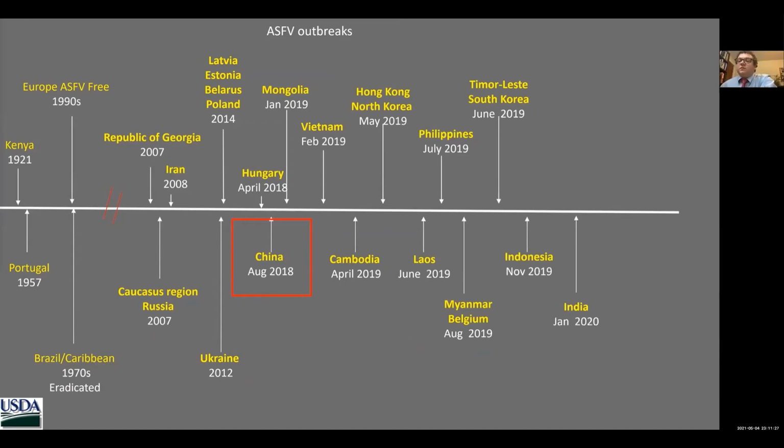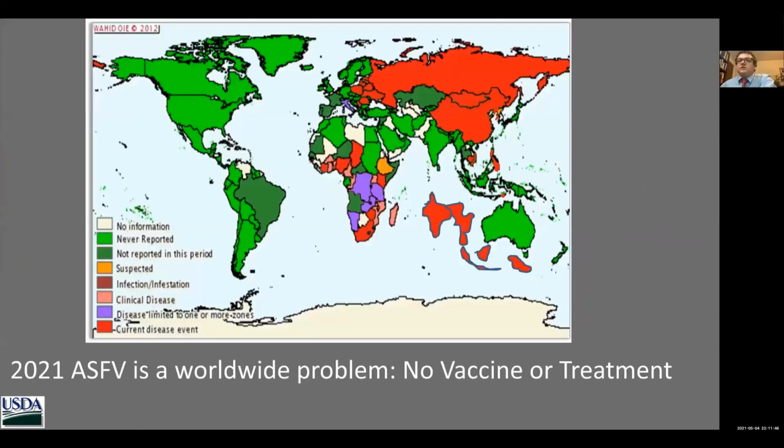Then in 2020, we had introduction of ASF into India, Papua New Guinea, and Germany, and in 2021 into Malaysia. So you can see this introduction in China caused a complete change in the picture of ASF. I think we can say now, in 2021, ASF is a worldwide problem, and it's a worldwide problem that we have no vaccine or treatment for.